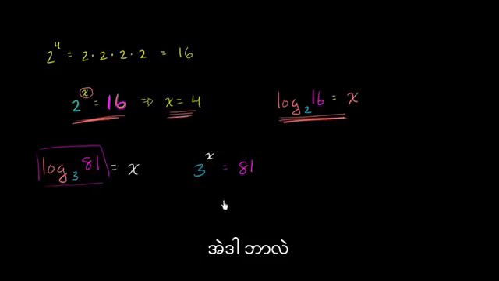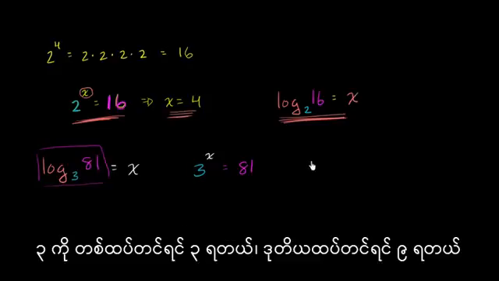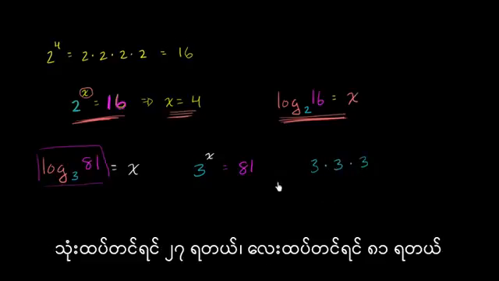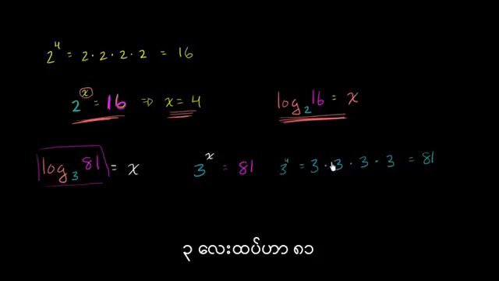Well, what power do you have to raise 3 to get to 81? Let's experiment a little bit. 3 to the 1st power is just 3. 3 to the 2nd power is 9. 3 to the 3rd power is 27. 3 to the 4th power, 27 times 3 is equal to 81. So x is equal to 4.